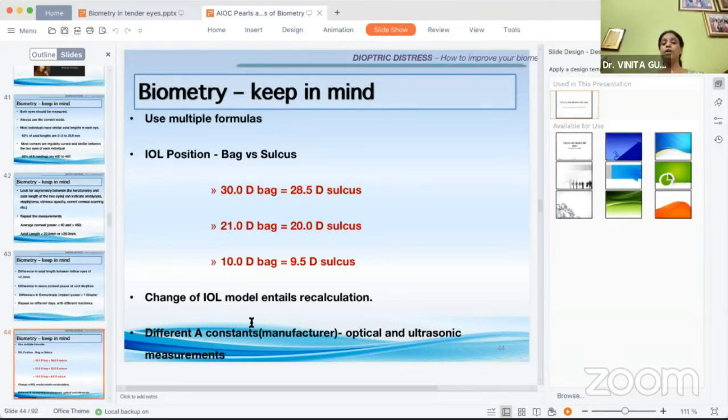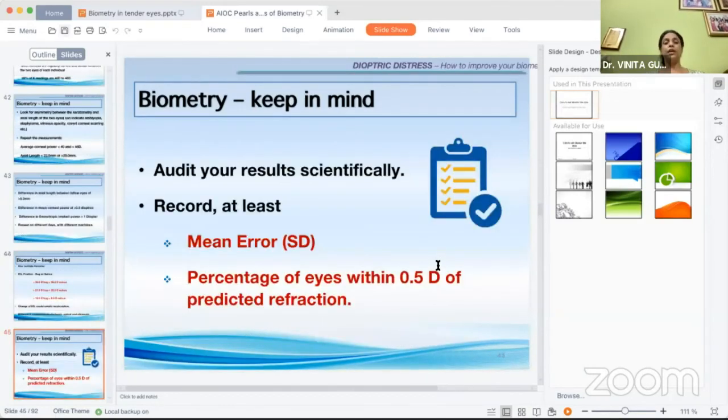And also remember to use the A constants mentioned on the boxes of the IOLs, especially when you're using different modalities of measurement. For optical, there are different A constants. For ultrasonic measurements, there are different A constants. And do not intermix them, because obviously that will make a difference to your IOL calculations. Audit your results scientifically and use them to reapply in your practice, re-optimize your results and calculate your own A constant.